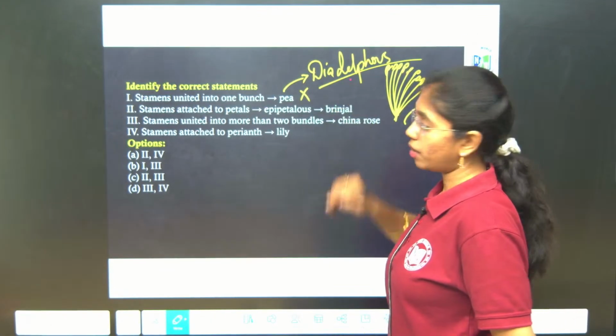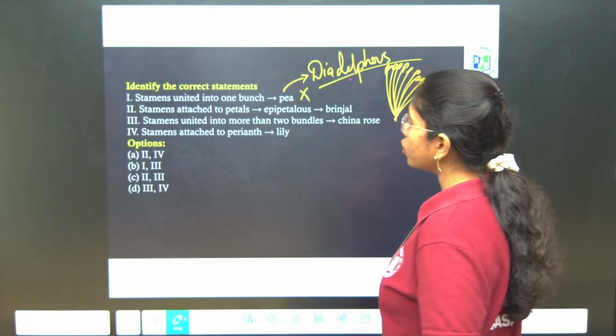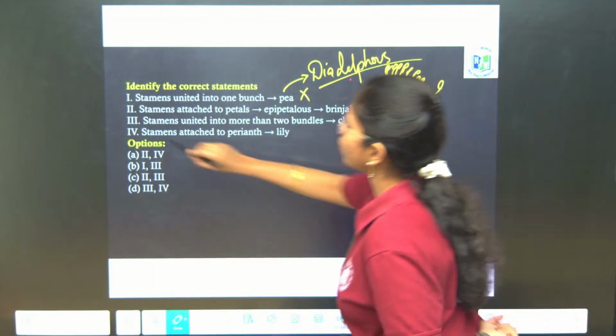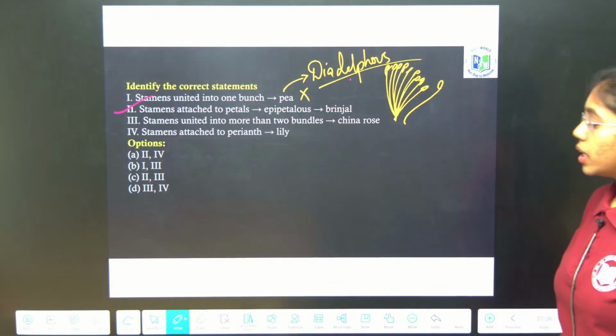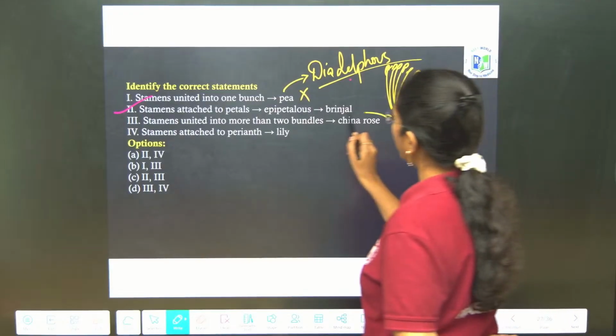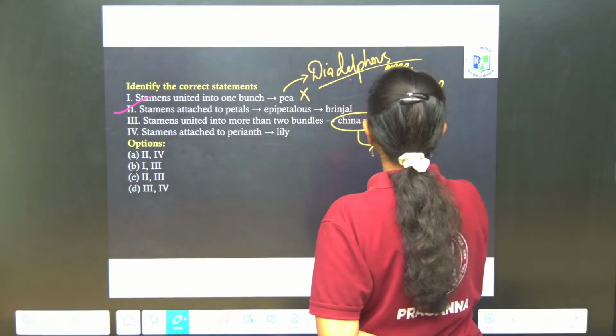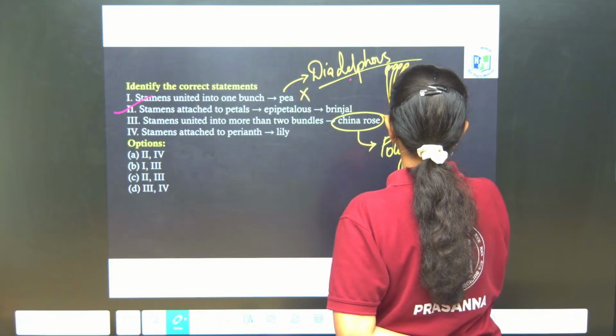Okay, this is diadelphous condition. Stamens attached to petals, epipetalous, this is seen in brinjal, true. Stamens united into more than 2 bundles. Yes, in China rose there are more than 2 bundles, which shows polyadelphous condition.